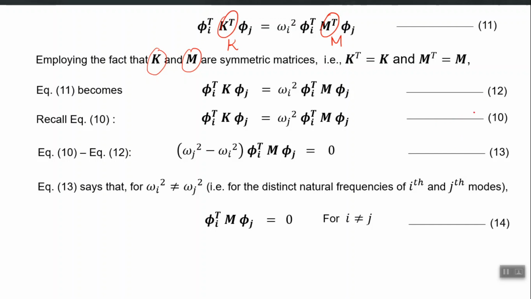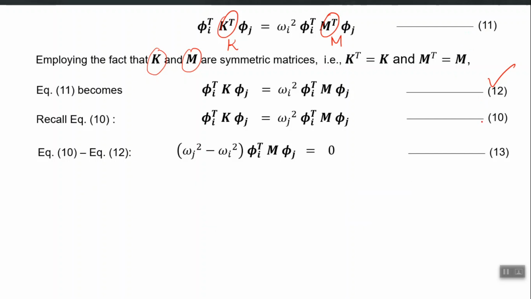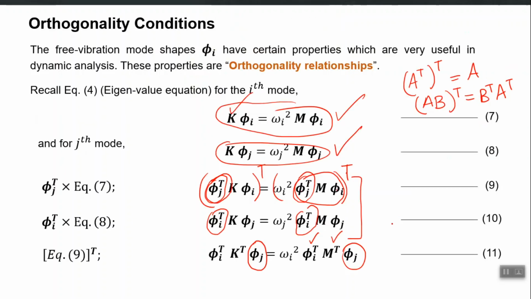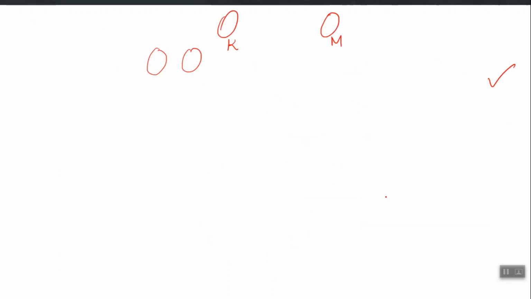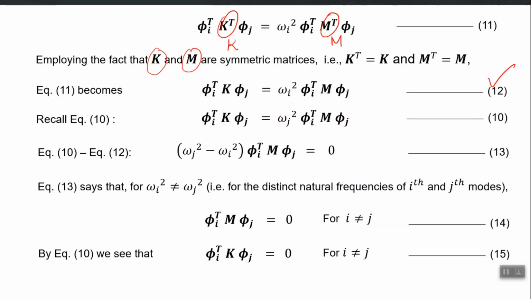Now equation 10 we already have. Equation 12 is the result of equation 11, but equation 10 we already have from the last slide. So let's now rewrite that equation 10 below equation 12, right? So this is equation 10, and 10 minus 12 will give us this thing, right?